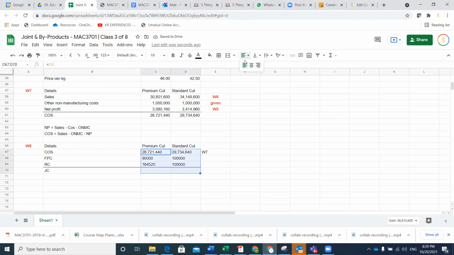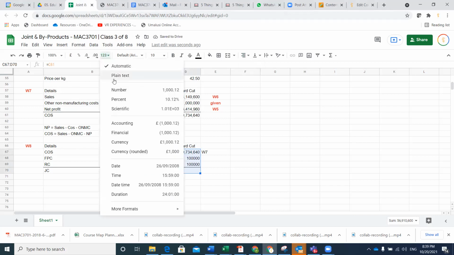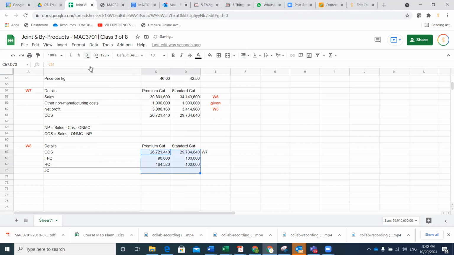So this will tell us, or it should tell us, how to allocate. Let's just hope it gives us the number. So that minus that minus that tells us how much of the joint cost should be allocated to premium cut, how much should be allocated to the other.